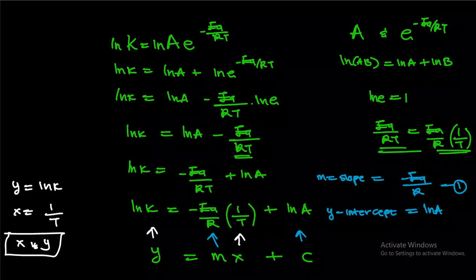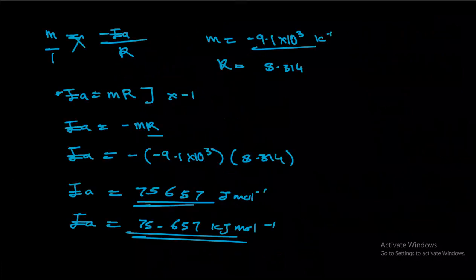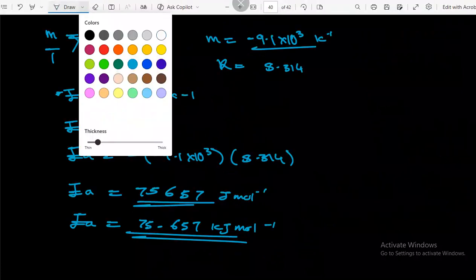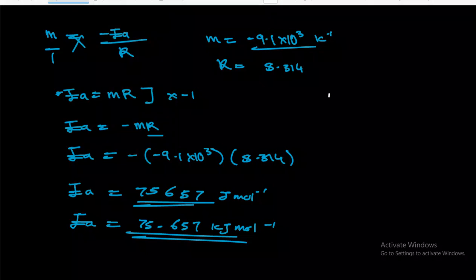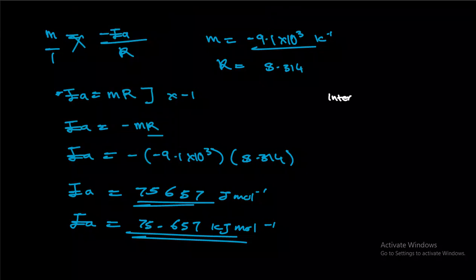What I was telling you is that the intercept is given by ln A. So the intercept is given by ln A, and you have been told that the intercept is negative 0.7, which is equal to ln A. How do we get rid of ln A?